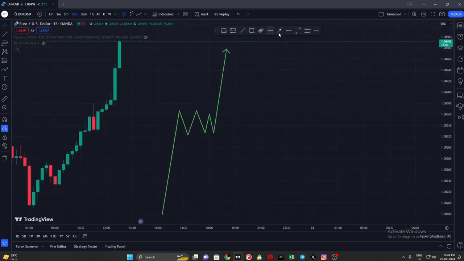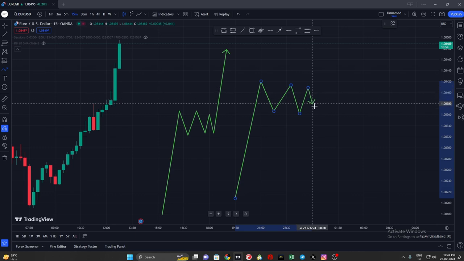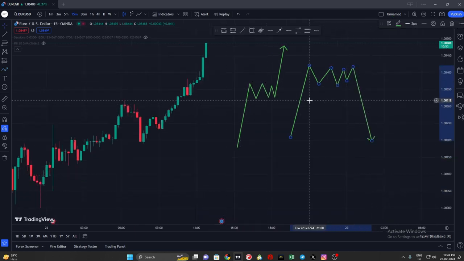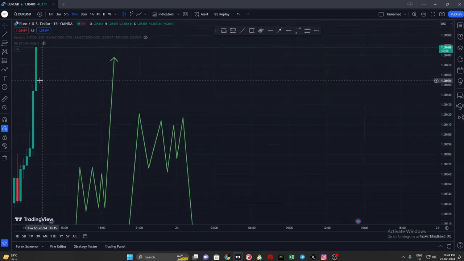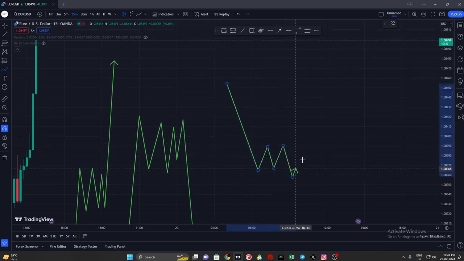After that we have a rally base drop. In the rally base drop condition, we have a rally, then a base is formed, and then a drop is formed. And in the drop base rally scenario, we have a drop, we have a base, and then we have a rally.